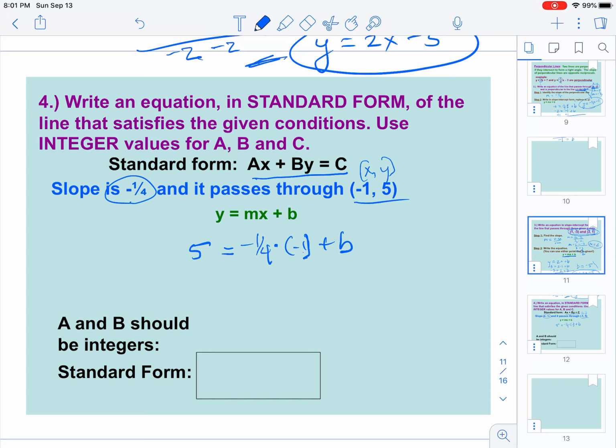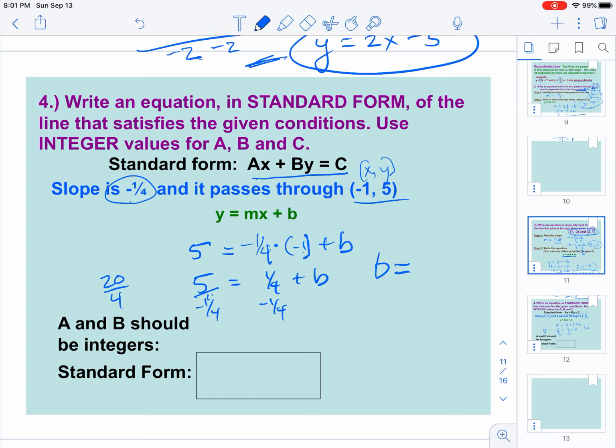So negative 1/4 times a negative 1 is a positive 1/4. And so in order to get b all by itself, I'm going to subtract 1/4, subtract 1/4, and it looks like b equals, if I have 5 over 1, that is really the same as 20 over 4.